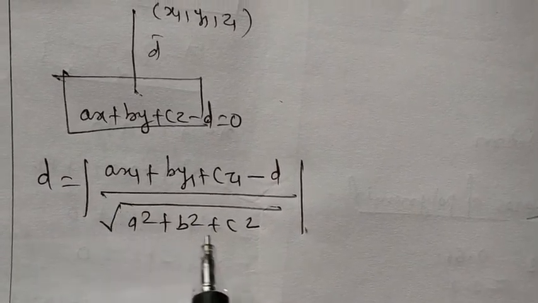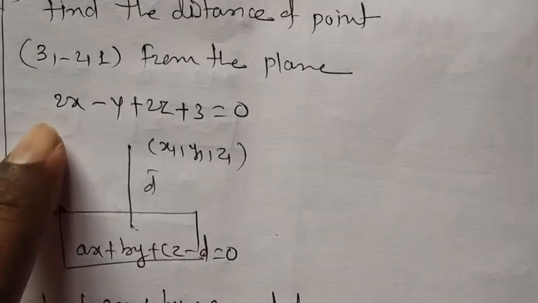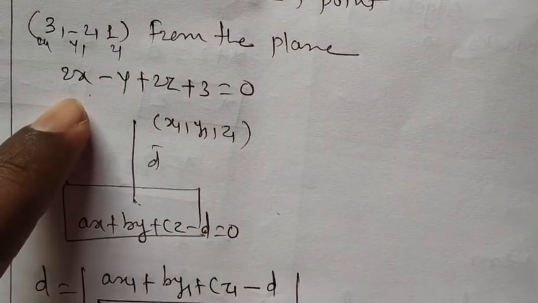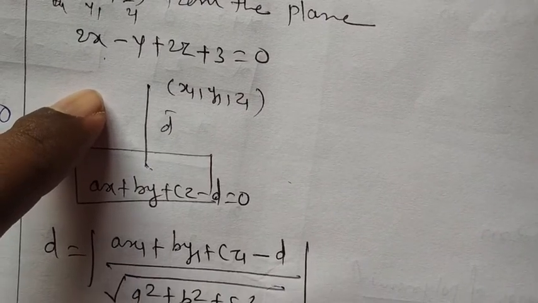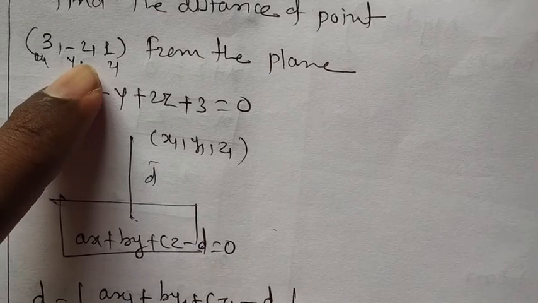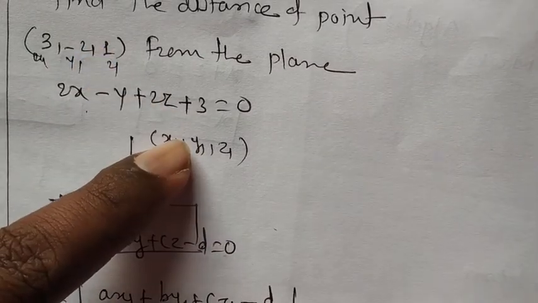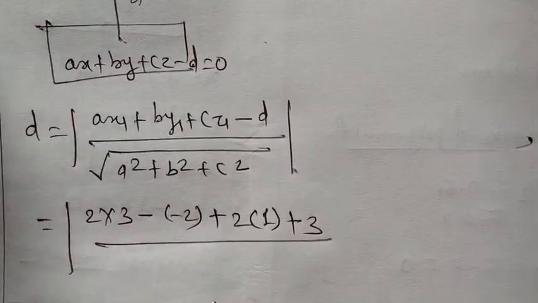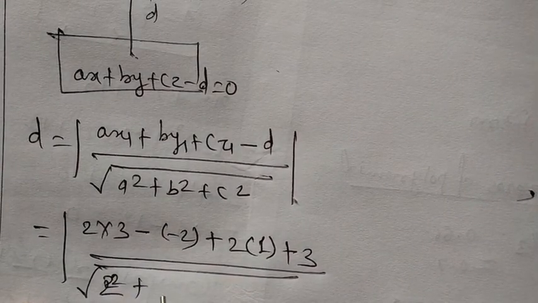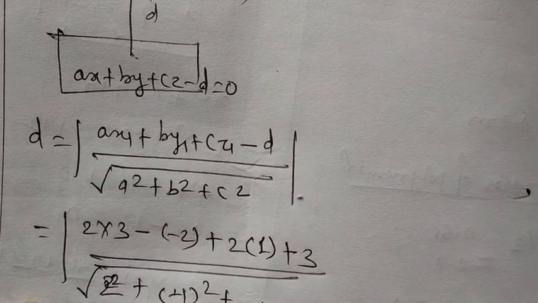Just use the formula here. Put the values of x1, y1, z1 in this equation. The numerator is 2 into 3, then minus y, where y is minus 2, plus 2 into z, where z is 1, plus 3, upon the square root of 2 square plus (minus 1) square plus 2 square.